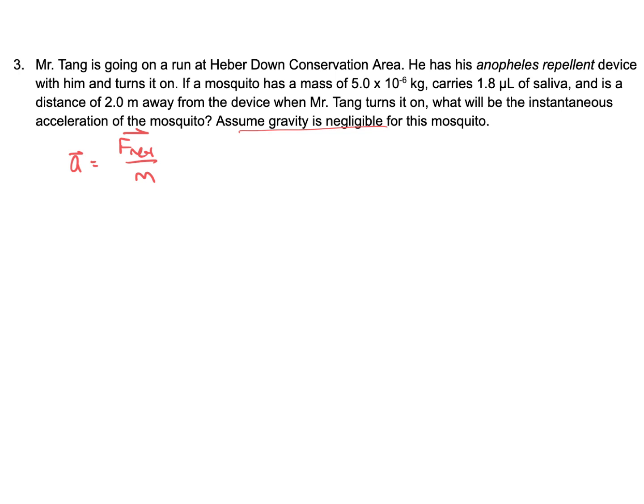Okay, so it says that the field created by this device will equal 5 times 10 to the negative 6 over r squared newtons per microliter of mosquito saliva. So that many newtons per microliter of saliva.